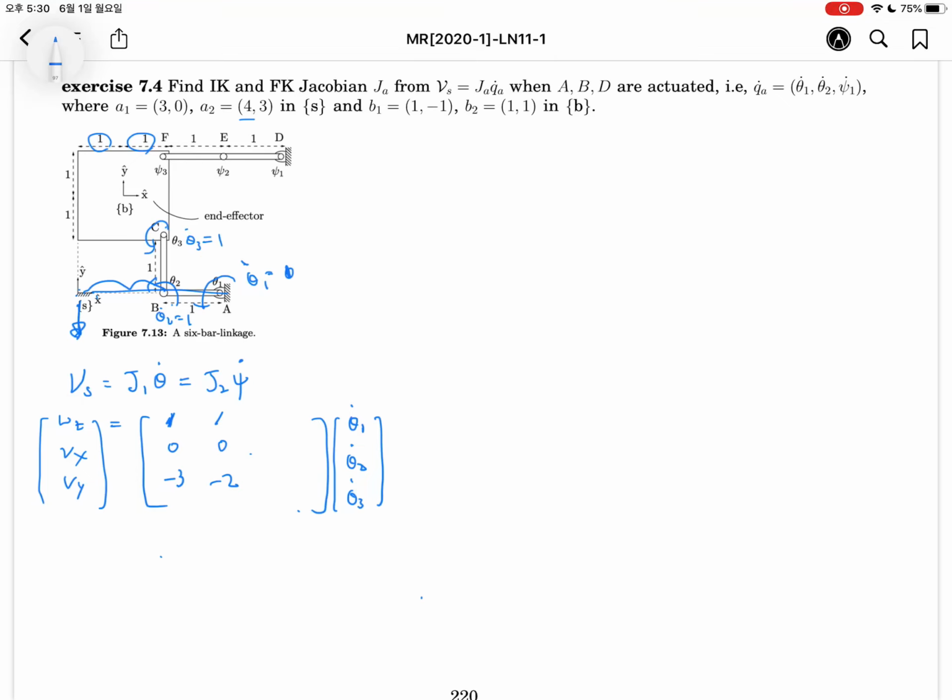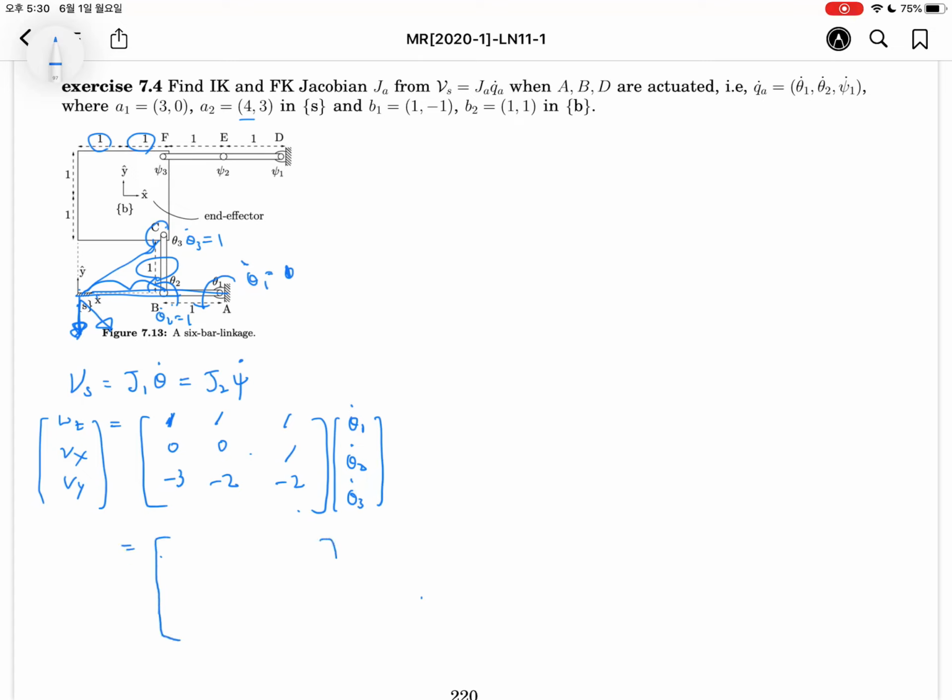Theta 3 dot as 1 will make a linear movement like this. So the x directional linear movement is related to the 1. So 1 and minus y, minus 2. Like this we can make the J1 matrix.